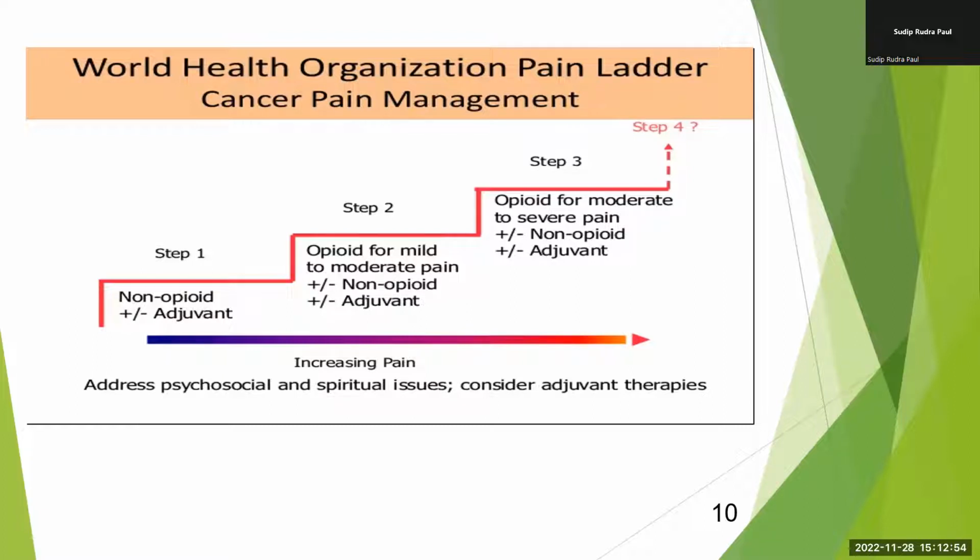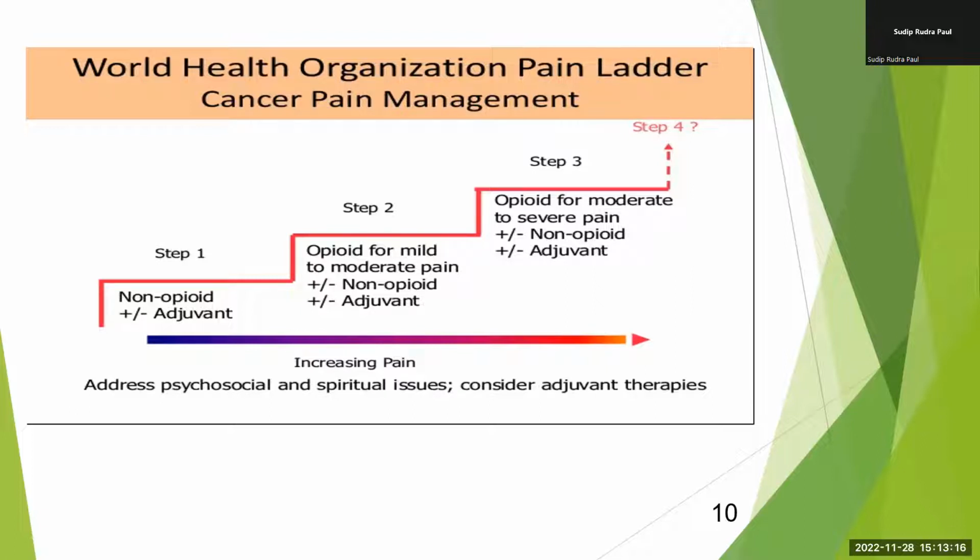Adjuvant I will talk about later on. Step 2 is called opioid, of course a mild opioid, plus or minus adjuvant or sometimes plus or minus non-opioids. Step 3 is called strong opioids, and of course it can be combined with non-opioids and also adjuvant.